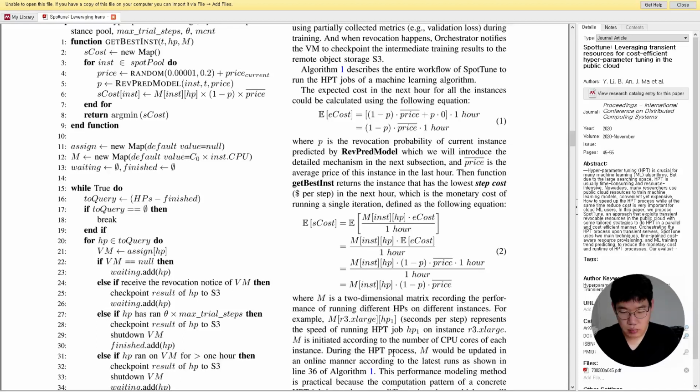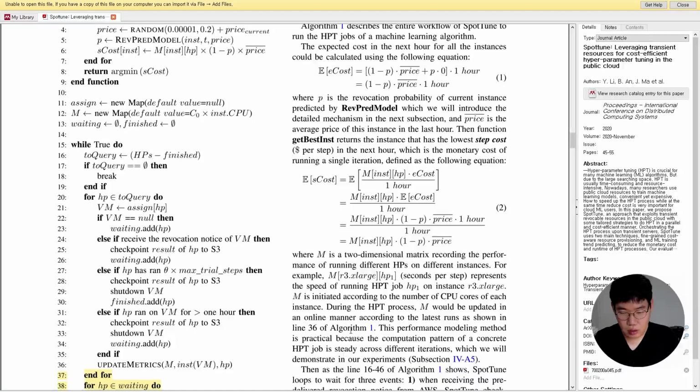During the HPT process, M is updated in an online manner according to the latest runs, shown in line 36 of Algorithm 1. This performance modeling method is practical because the computation pattern of a concrete HPT job is steady across different iterations, which we will demonstrate in our experiment, subsection 4A5.